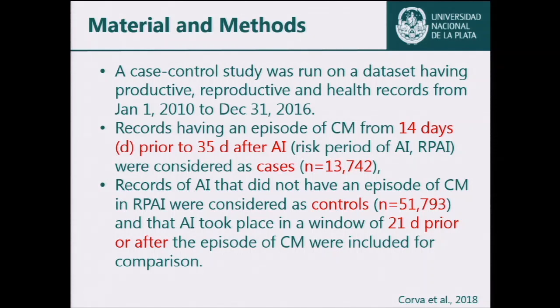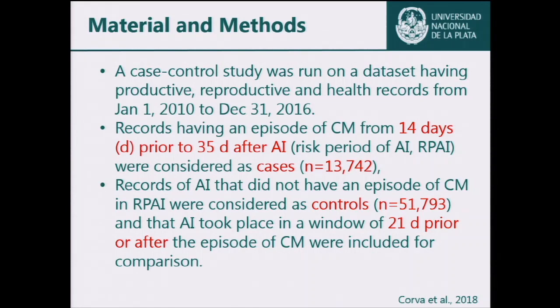using a database of productive, reproductive, and health records from January 2010 to December 2016. Records having an episode of clinical mastitis from 14 days prior to the day of insemination to 35 days after the artificial insemination were considered as cases, and we gathered close to 14,000 cases.